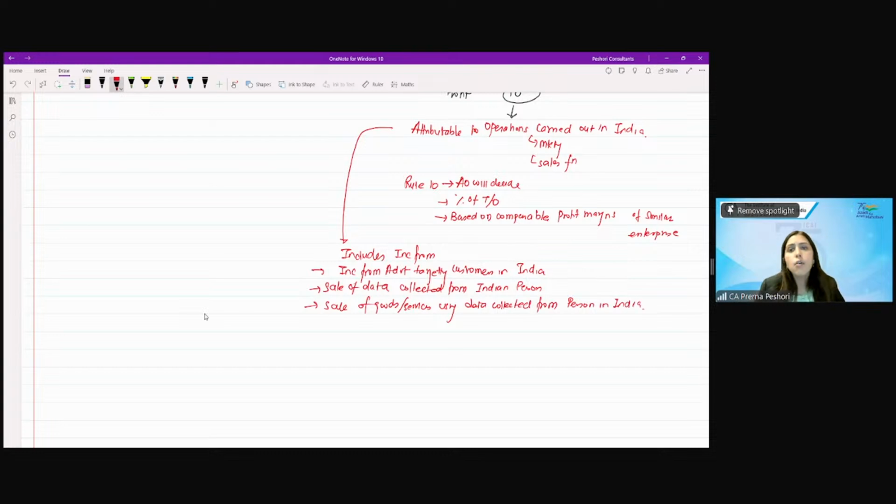So basically, now when I buy on Zepto, by clicking on that ad which I saw, whatever income Zepto earns from the sale it is making to me will also be said to be income from operations in India, because this sale was generated based on the data collected of mine. So all of this income will be taxable income.